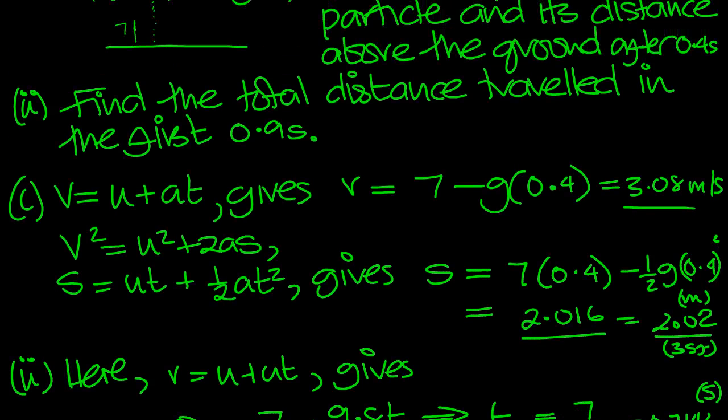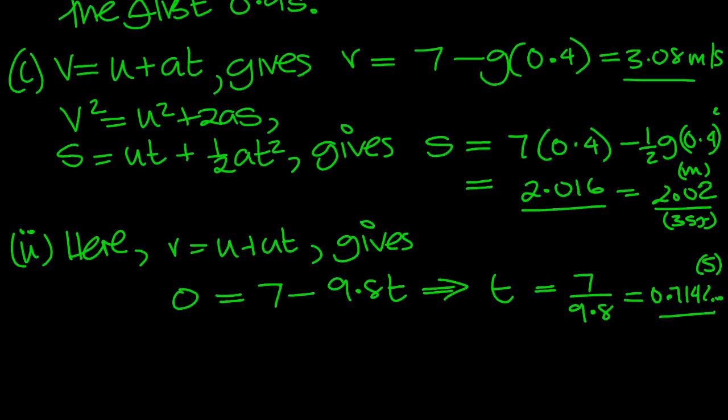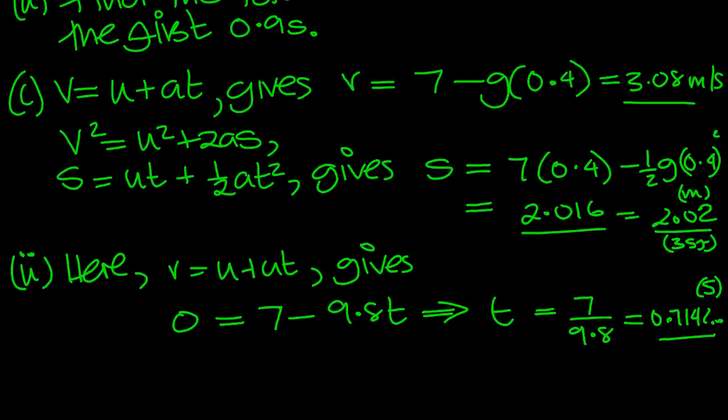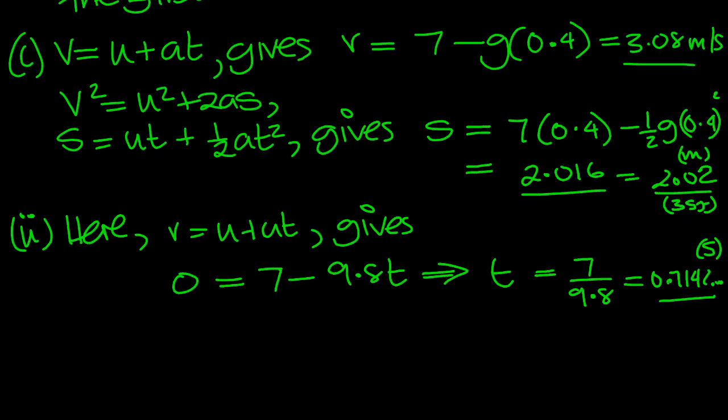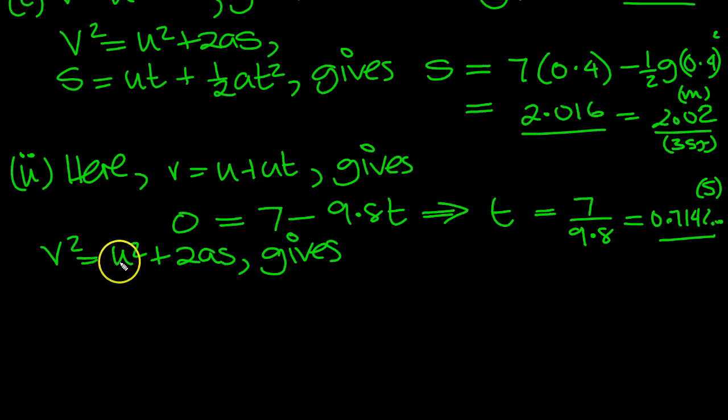Now 0.9 is past its highest point, so we'll need to work out the highest point then, won't we? So v squared equals u squared plus 2as. So what's the highest height then? v is 0, u squared is 7 squared, a is minus g, so it's minus 2g times s.